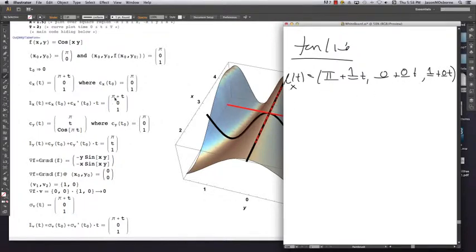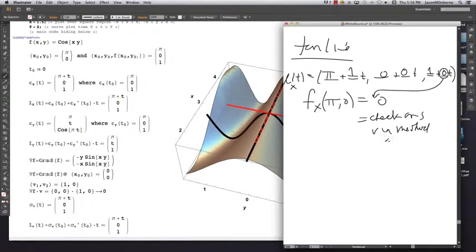So this line only points in the x direction, and we conclude that the partial derivative of f with respect to x at the point pi comma 0 is this number right here. It should be 0. You should check this answer via whichever is your favorite method for computing partial derivatives, method 1 or 2. If you look at the tangent line in the y direction, again, there should be 6 blanks to fill in.